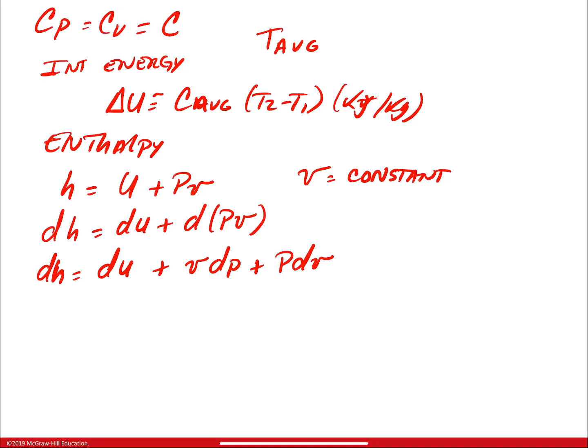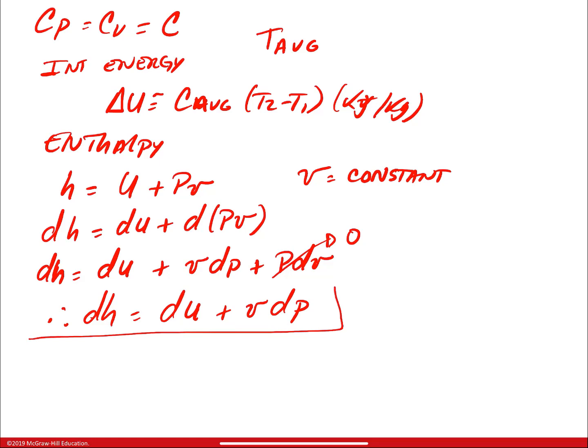We know that v is constant, and therefore that doesn't change. This P dv term will be 0. And thus I have dH equals dU plus v dP, and I'm going to use this equation. That's my equation for enthalpy using Cp and Cv for incompressible substances.